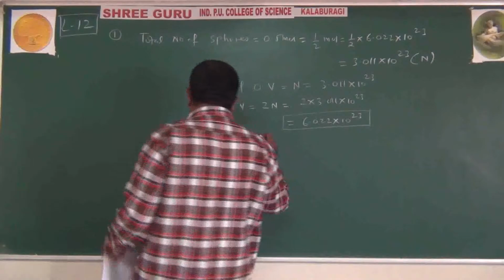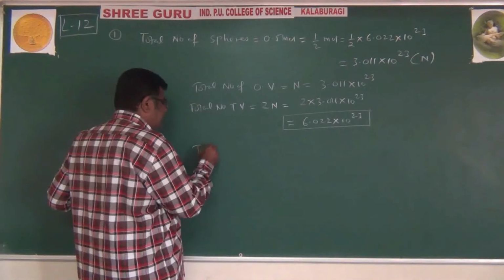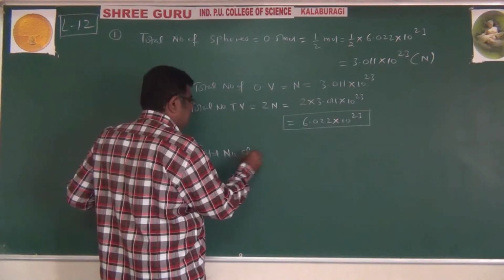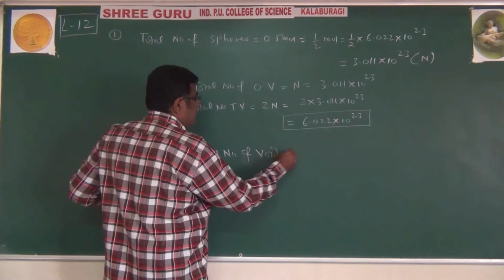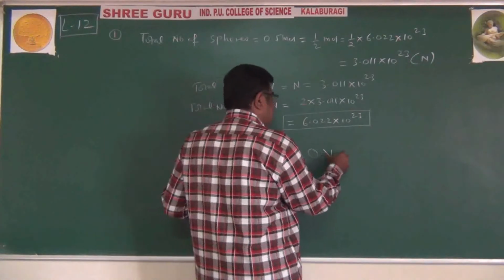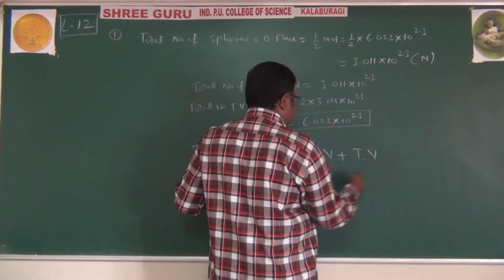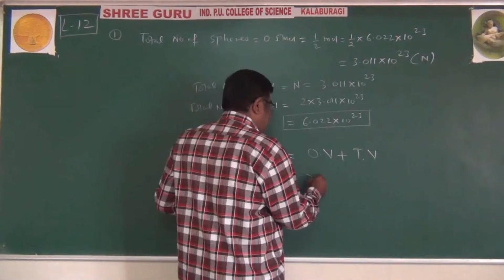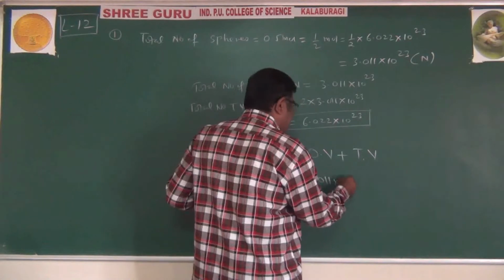And total number of all voids is nothing but octahedral voids plus tetrahedral voids. Octahedral voids are 3.011 into 10 raised to 23.